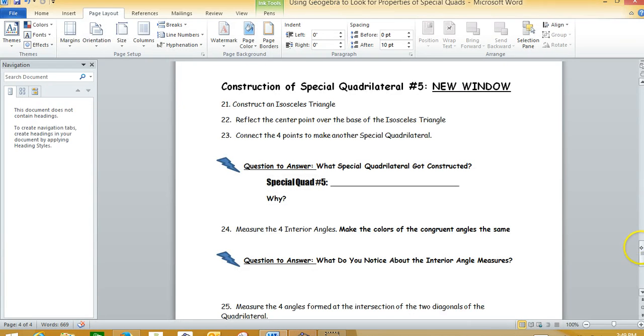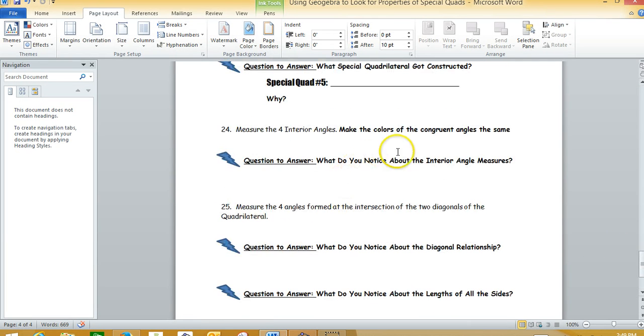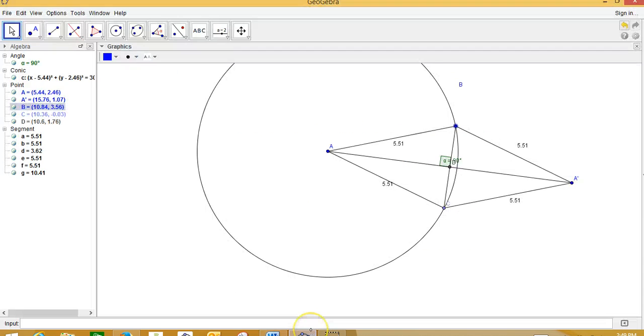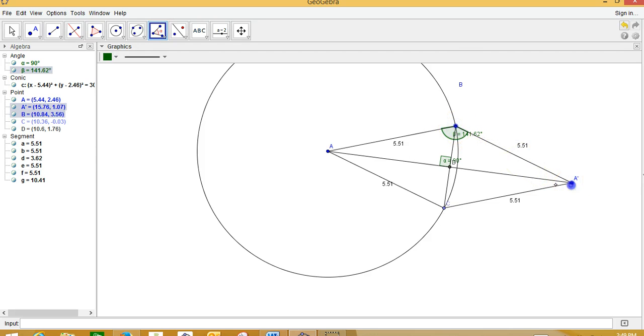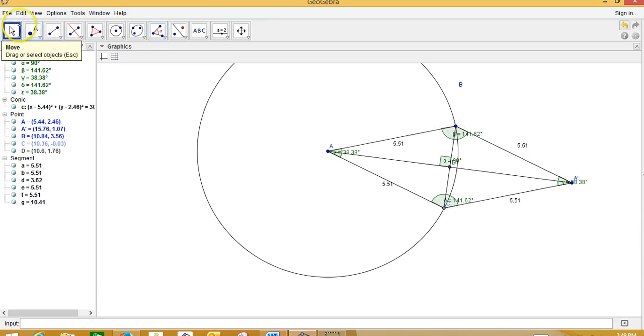Okay, so answer those questions. Oh, what did we notice about the interior angles? Didn't measure those. And it looks like to me that in a rhombus, oh man, opposite angles look like they're congruent to each other.